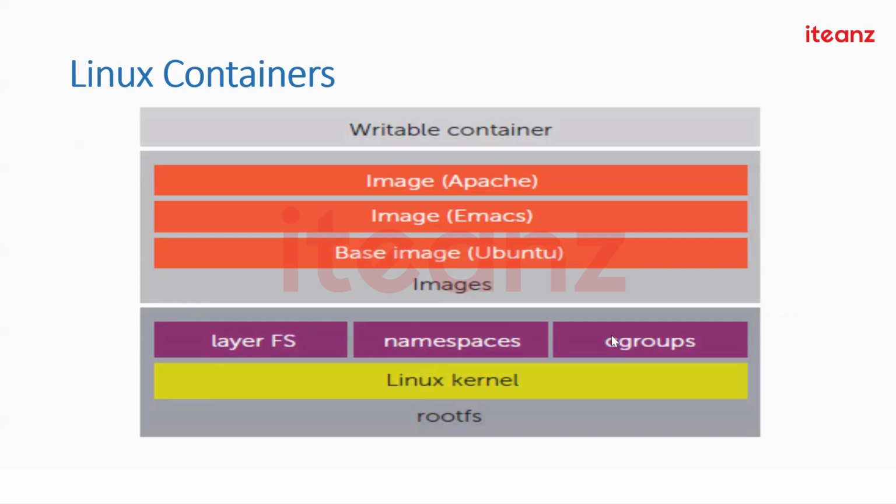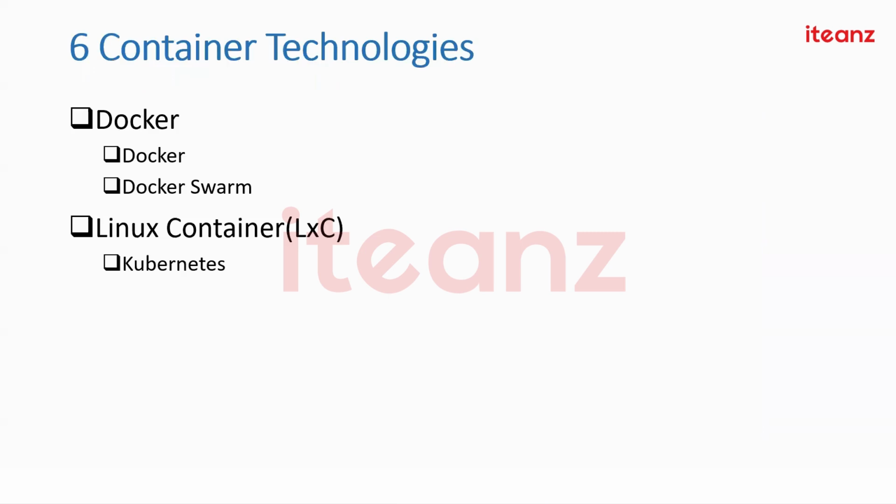This layer is always common, and the rest you can divide. If you need an Ubuntu container, the image will be taken and the kernel will be the same, and each will have separate containers. One will have an Ubuntu image, another Emacs, a third Apache. That's how a container works.